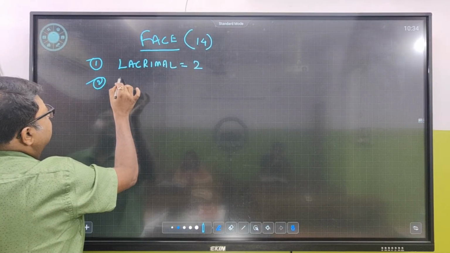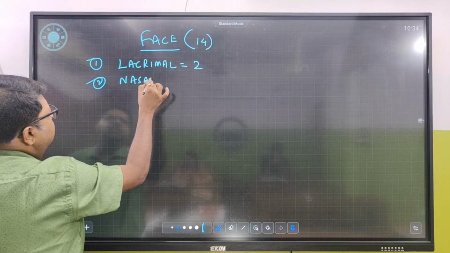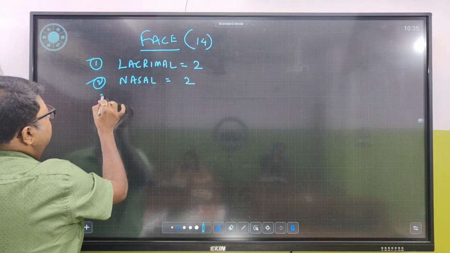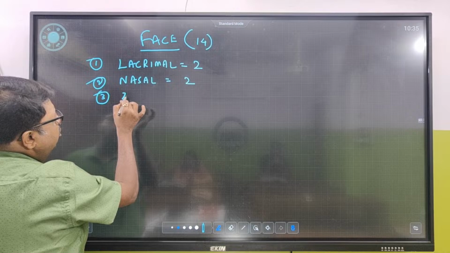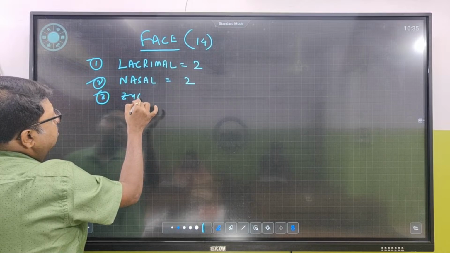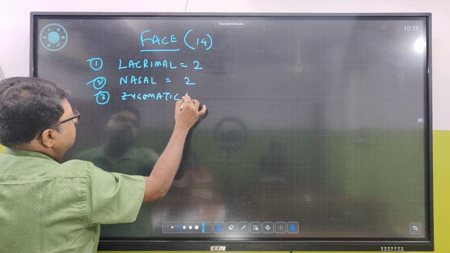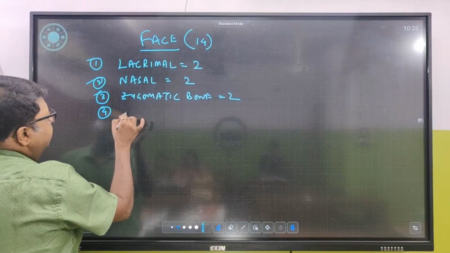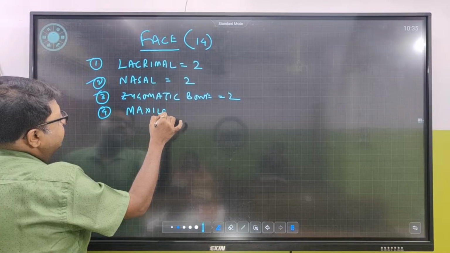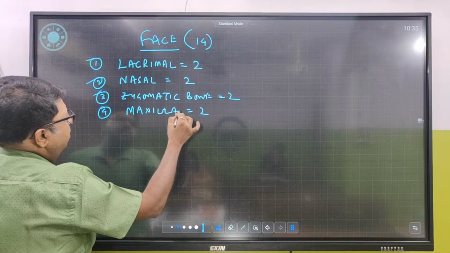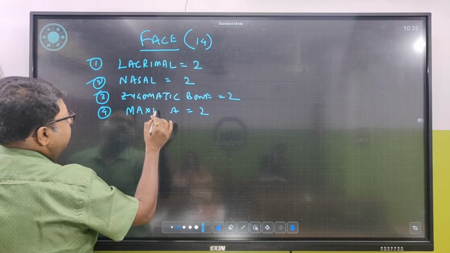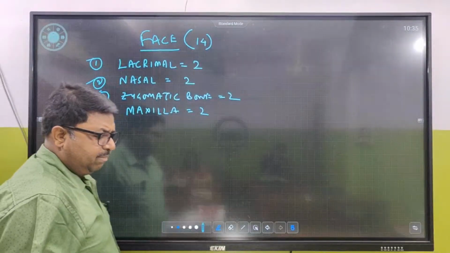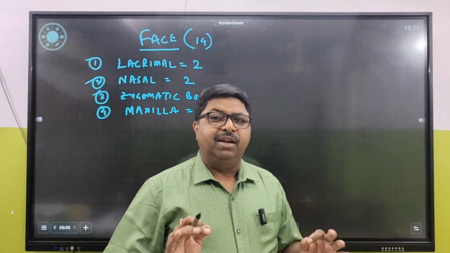Then nasal bone, 2. Then there is zygomatic bone, which is also called the beauty bone. Zygomatic bones are 2 of them. Then 2 of them are called maxilla. The same maxilla you have seen in the cockroach.